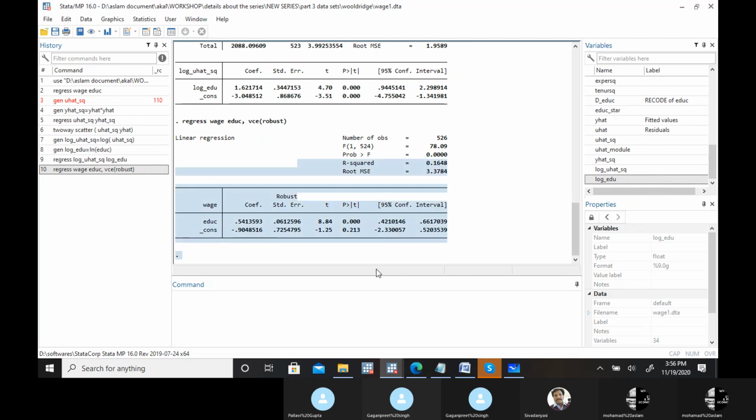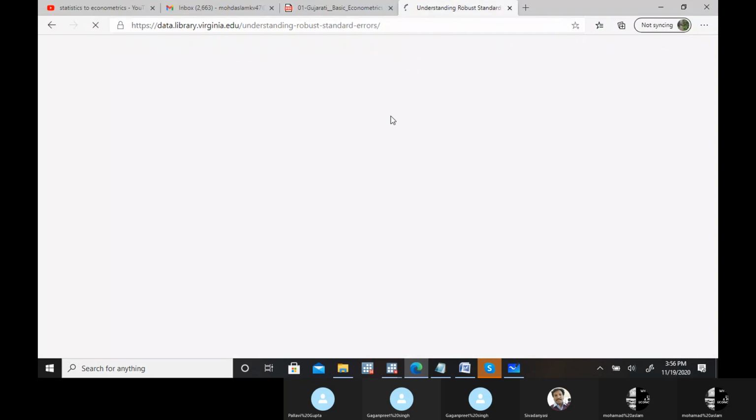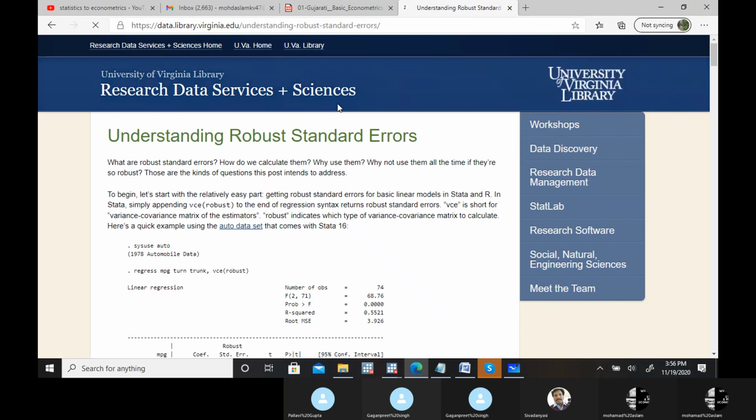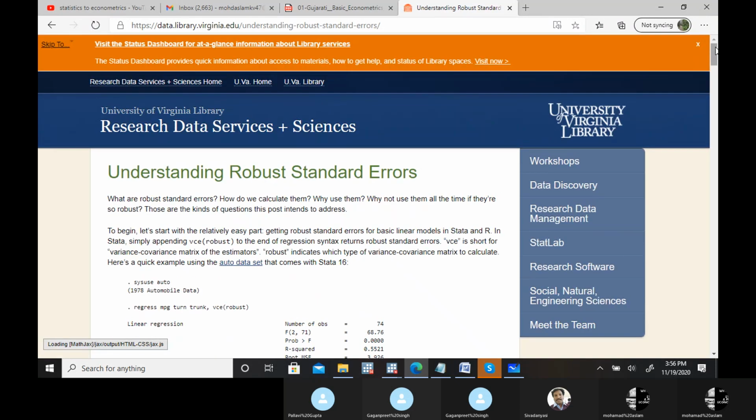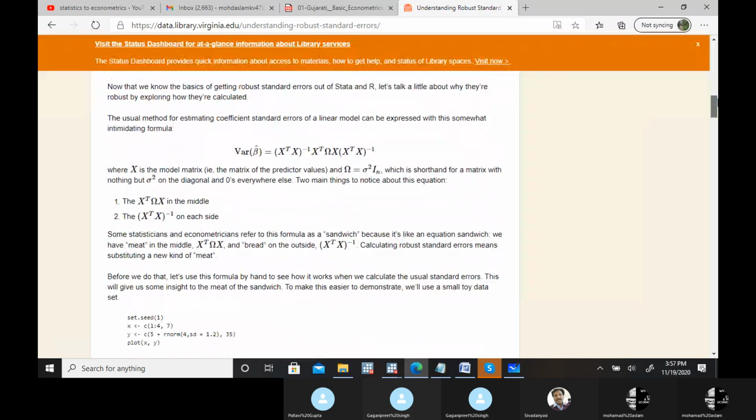To go into its detail needs a separate lecture, as it's quite a detailed topic. But I can share one example. You can go to this particular site on the internet, and there you will find something in matrix form that might give you some idea of what this robust standard error actually is in this particular form.